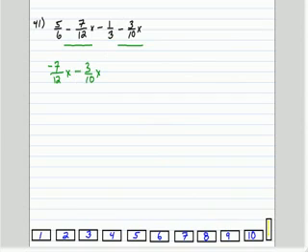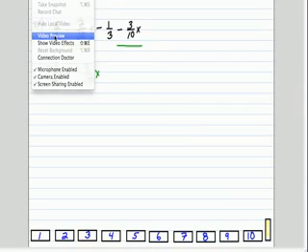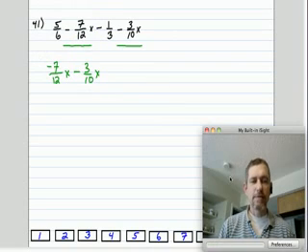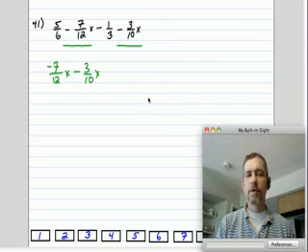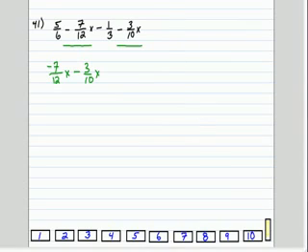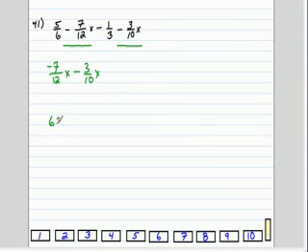I'm going to need a common denominator in here, aren't I? So yes, we have to have a common denominator. And what's the common denominator going to be here? Correct. That's going to be 60 as a common denominator. So my common denominator is 60.